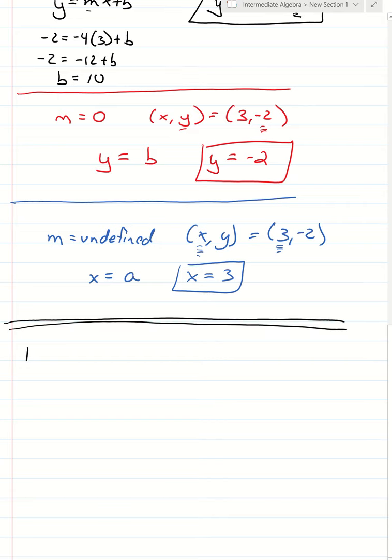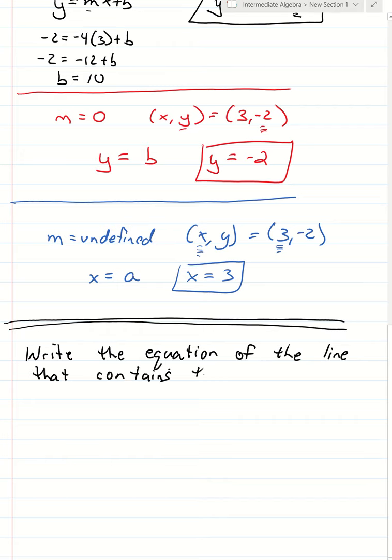For example, I could ask you to, let's say, write the equation of the line that contains the points, and let's say our points are 3, negative 4 and 6, 5. Okay?